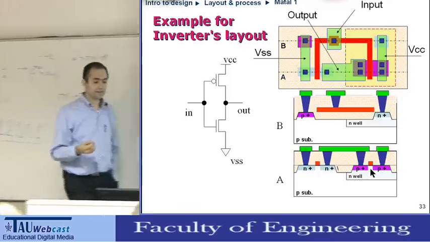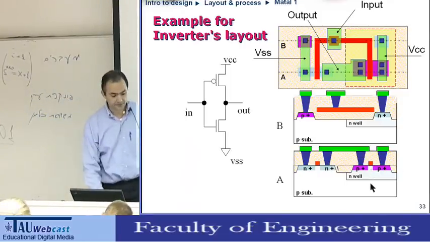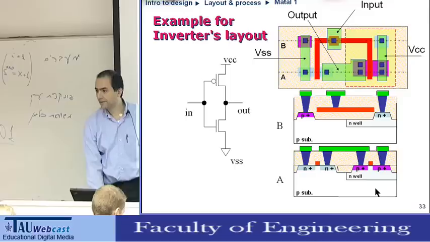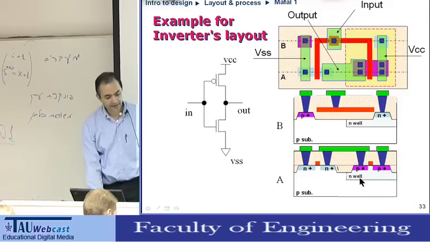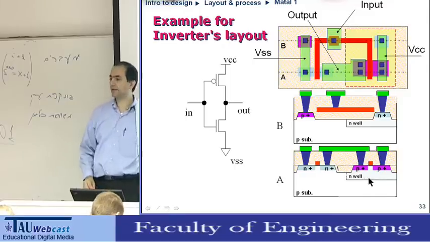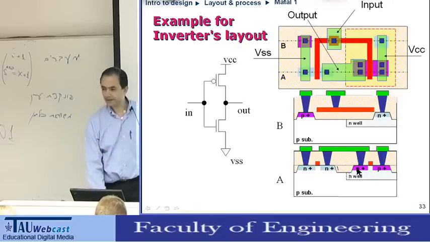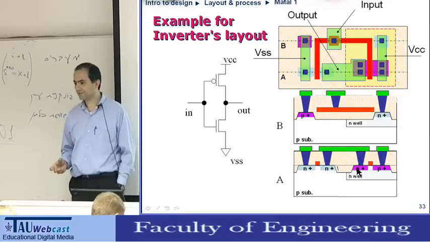But when you look at the actual values, if you want to have an N-well here, the substrate could be 10 to the 15 per square centimeter, the N-well can be 10 to the 17, and the P plus can be 10 to the 19.